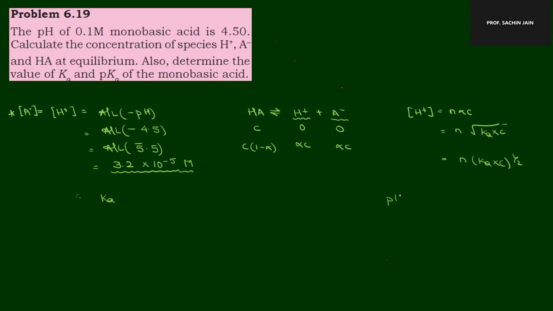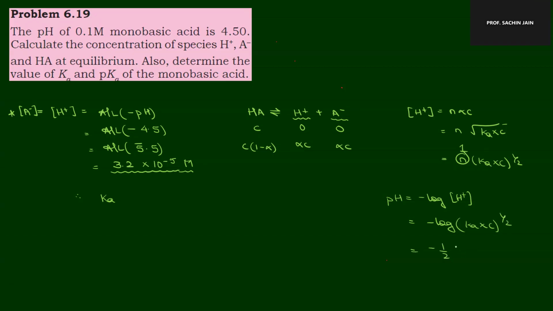अब the pH is equal to negative log of H plus concentration. So that will be, अब मान लो ये n है, 1 for a monobasic acid. So negative log of half Ka into C का half.